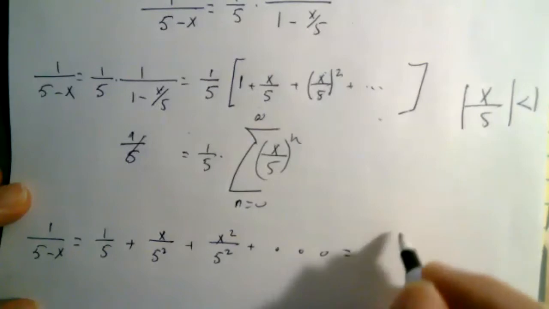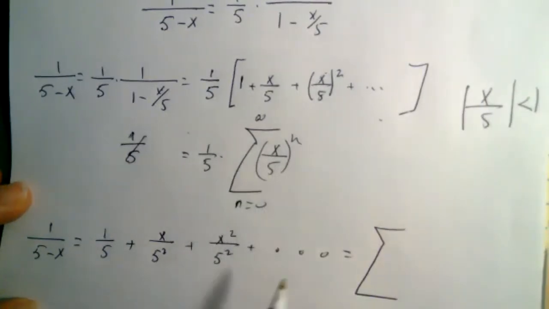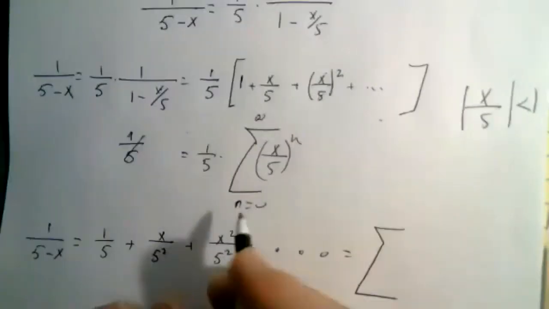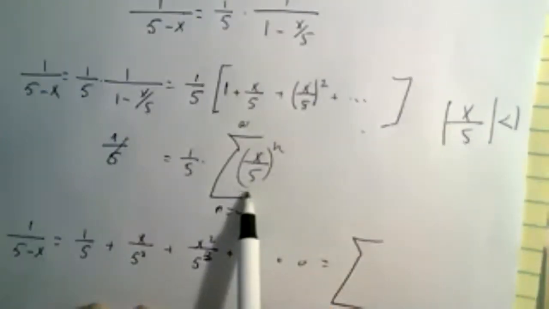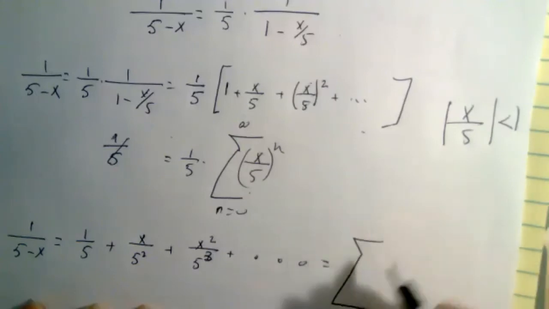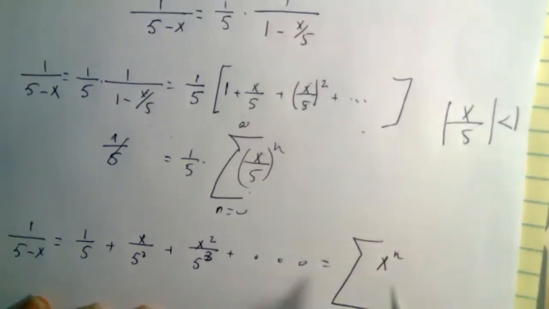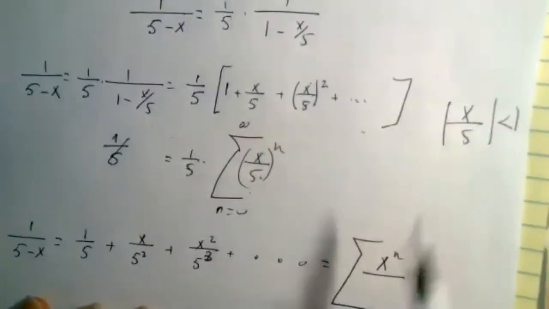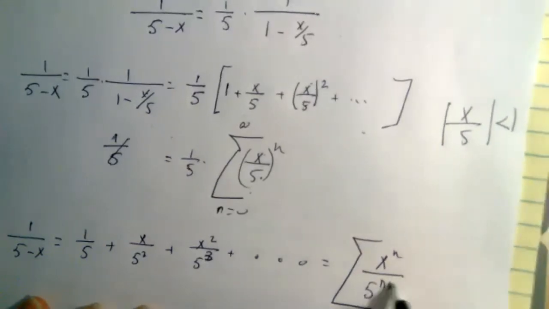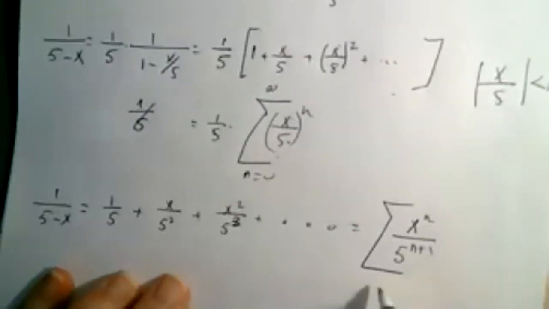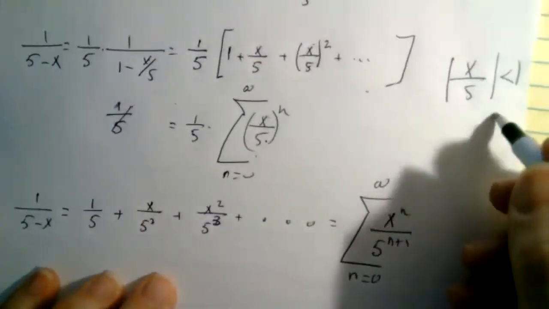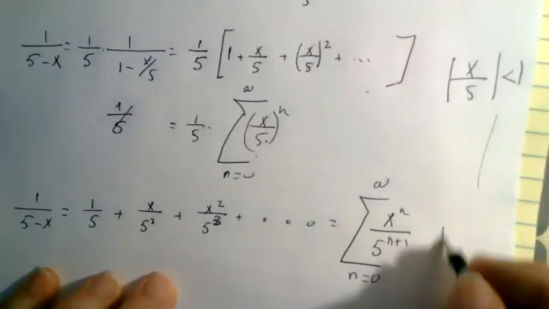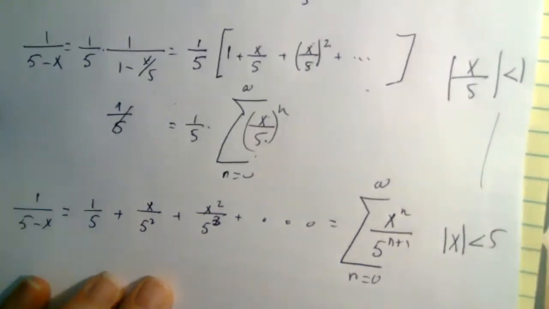Again, for the sum, I'm going to distribute and simplify: x to the n over 5 to the n plus 1, and my n goes from 0 to infinity. Now my domain is going to give me x less than 5.